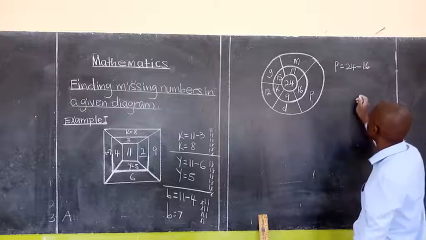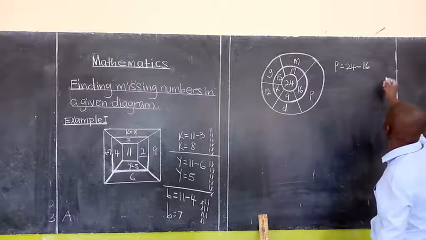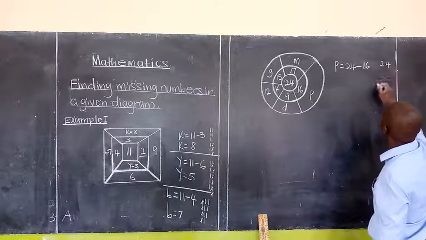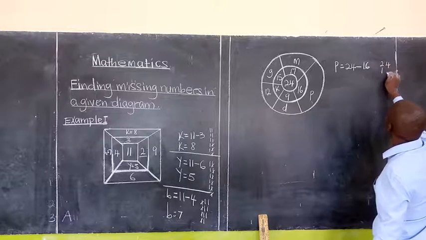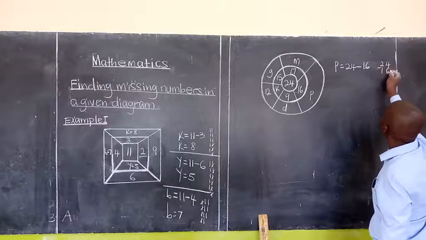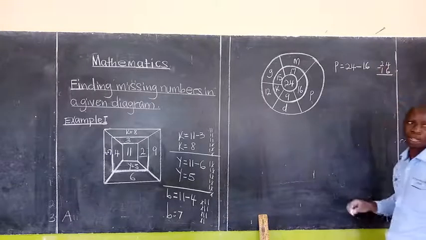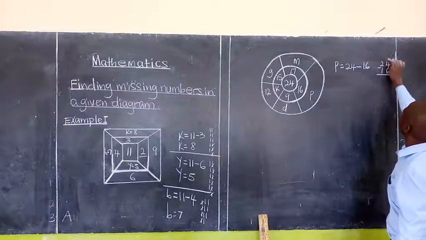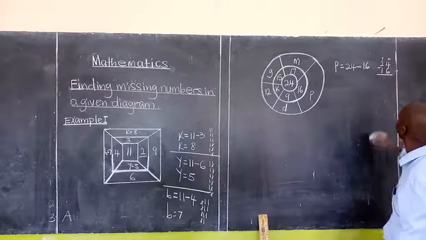24 take away 16. So we may use the vertical method. You still remember what we covered in the previous topics. We are subtracting numbers, which I believe everybody understood. So now we have 24 take away 16.